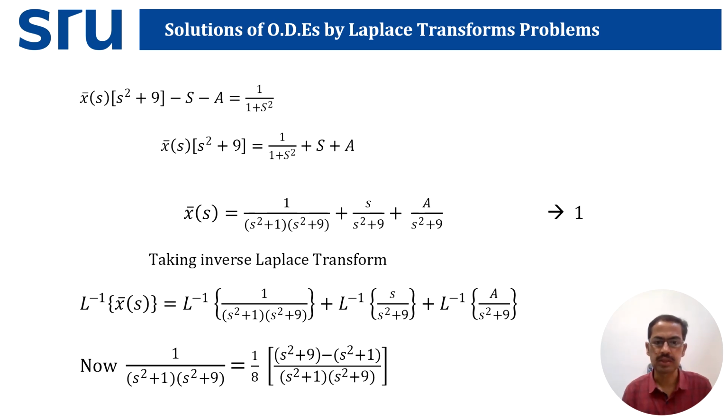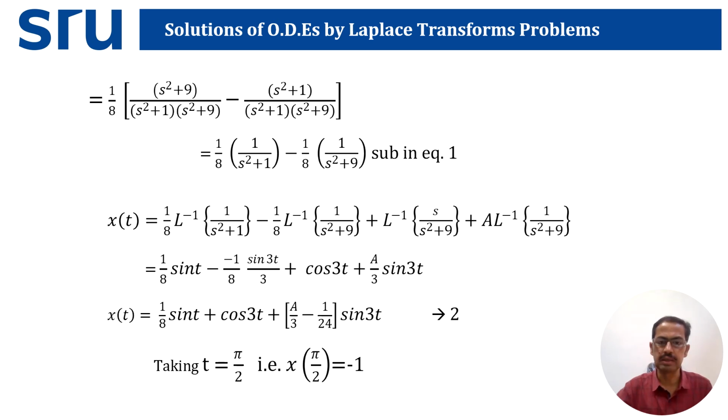Taking inverse Laplace transform on both sides, split into partial fractions. You would get 1 by s square plus 1 into s square plus 9 written as partial fractions. And this is directly cos 3t, this is sin 3t, right?